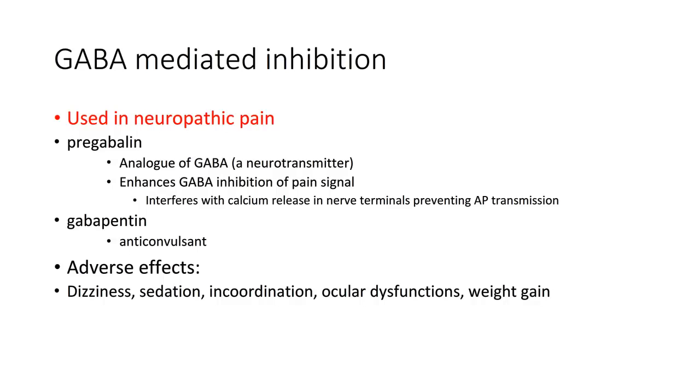The thing about these drugs is that they do have a number of adverse effects, and they can affect coordination levels, they can cause some level of sedation. They're known for causing some ocular dysfunction, so eyesight problems, related to weight gain and to dizziness.